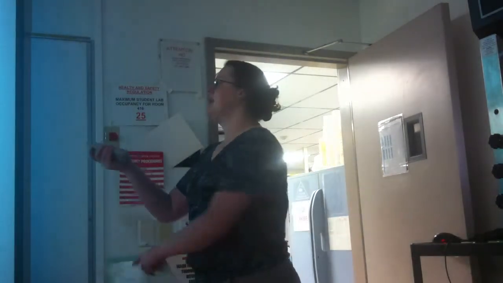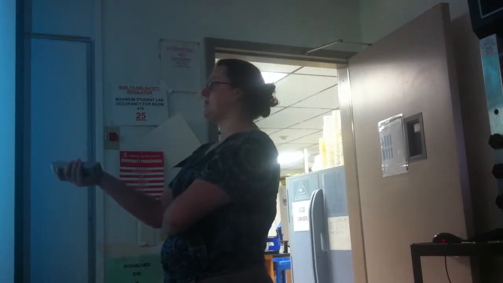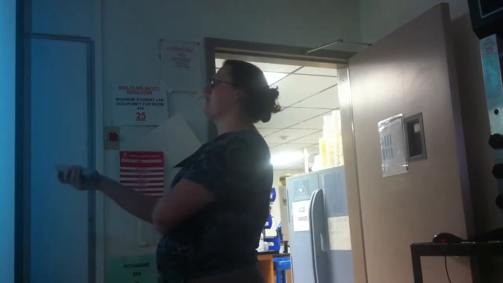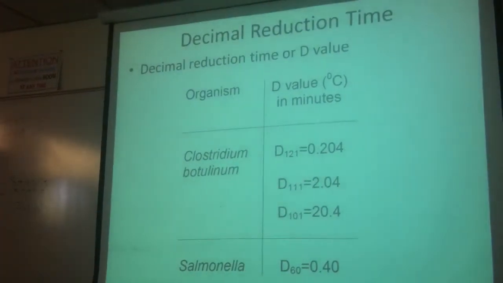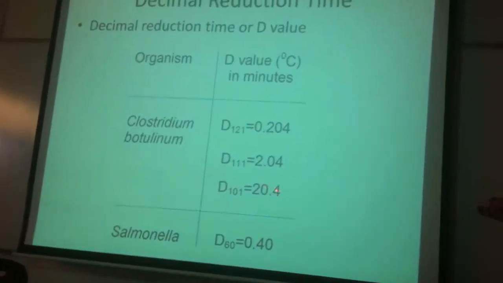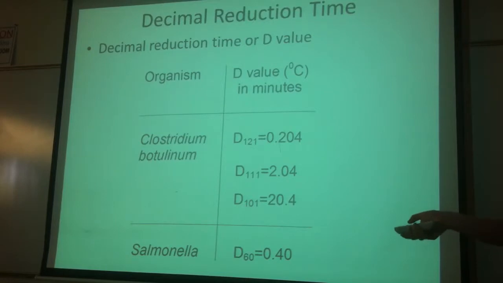If we're looking at Clostridium botulinum at 121 degrees, it's going to take 0.2 minutes to drop 90%. Now, if you're at 101, it's going to take 20 minutes. So it's a different death rate. Basically it takes a lot longer to kill them at 100 degrees versus 121 degrees.